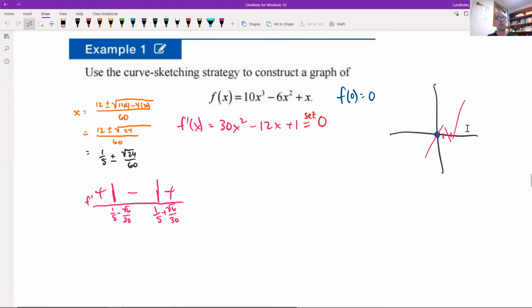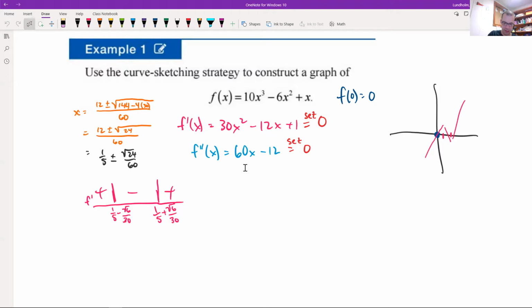To get a little bit more precise shape, we would use the second derivative test. So let's go ahead and write the second derivative down. That would be 60x minus 12. And we're going to set that equal to 0 to get some critical points for the second derivative. And this one would actually be easier.